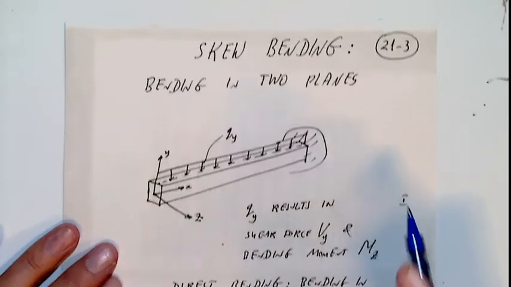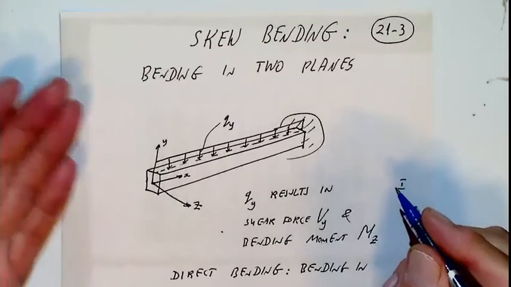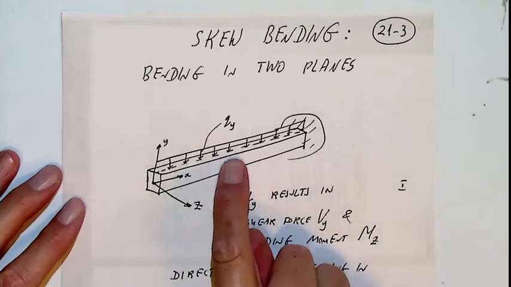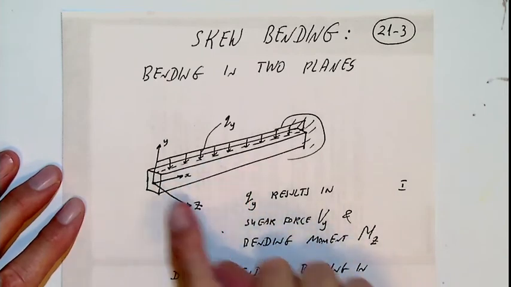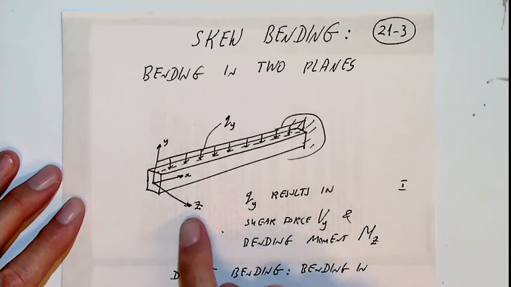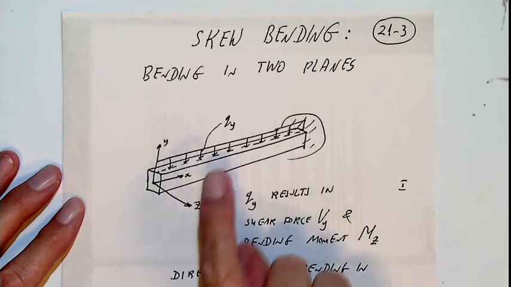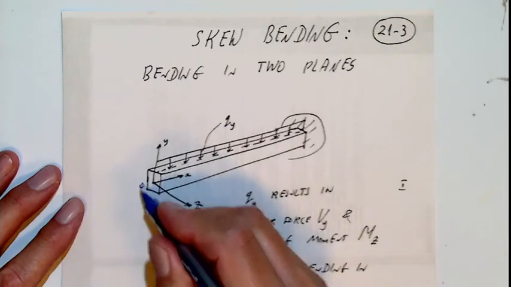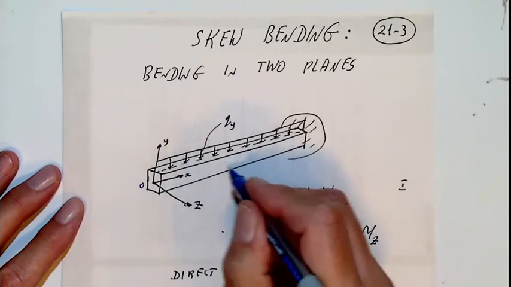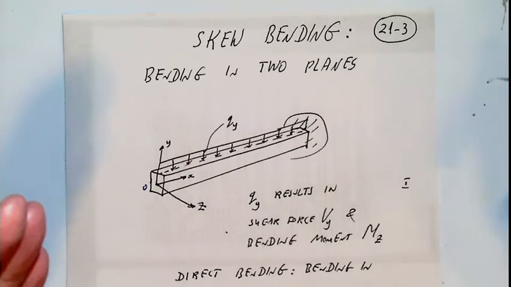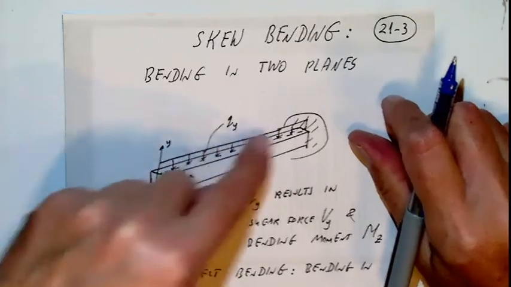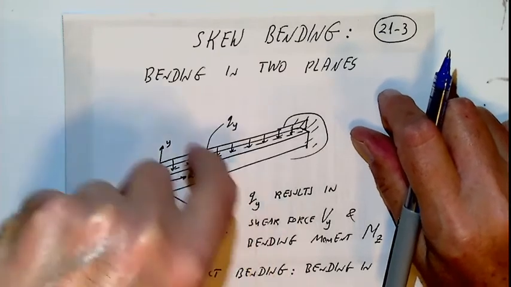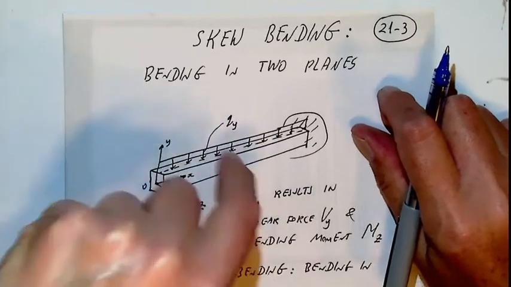So what happens when bending occurs not only, let us say like this, in Z, in the plane perpendicular to Z, that means in plane OXY. Or maybe there are loads here. Okay, the beam does not know that we studied in strength of materials only this case. The beam may act with forces in other directions.